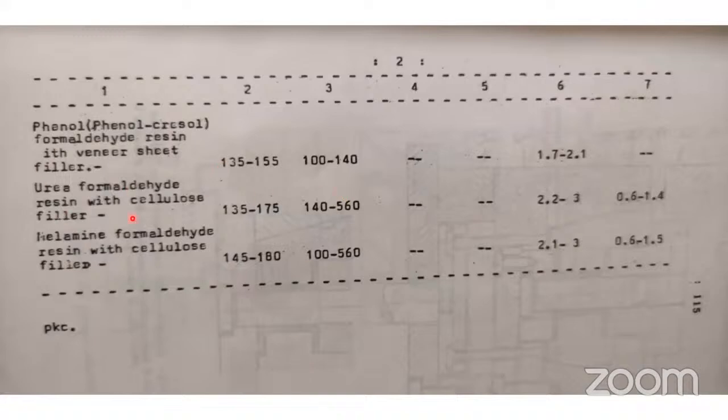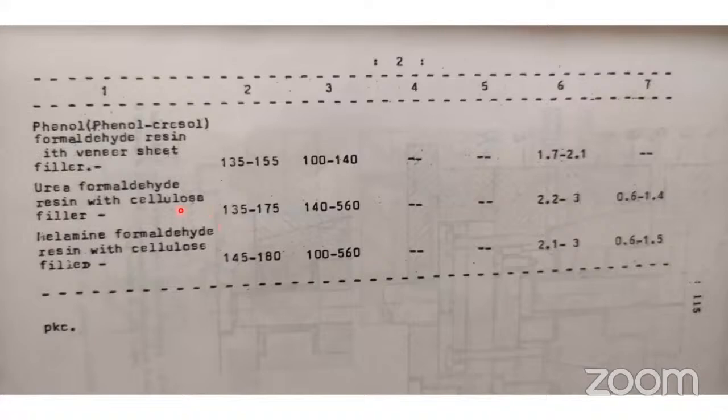See now, here is the urea formaldehyde. We have seen phenol formaldehyde, but now the urea formaldehyde resin: see the temperature goes on increasing, 175, 145 to 160, 180. See the pressure here, and see that here the shrinkage is also going to reduce.